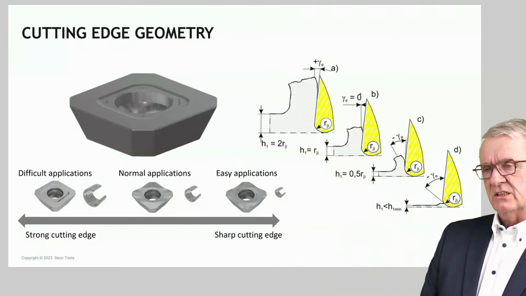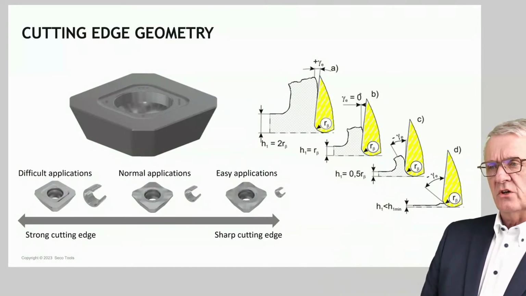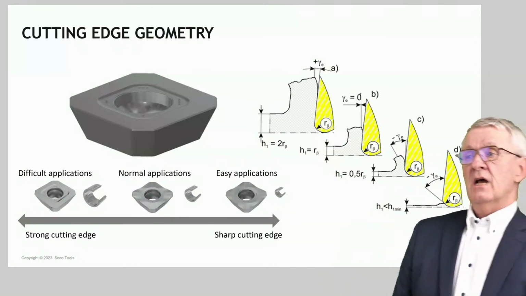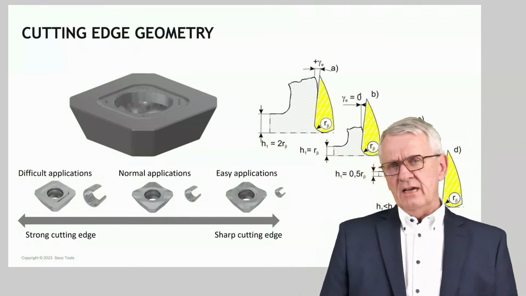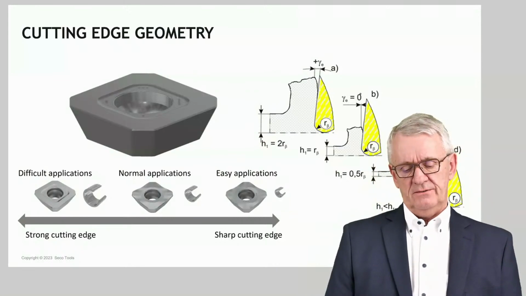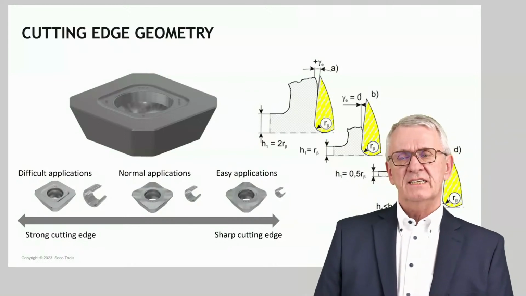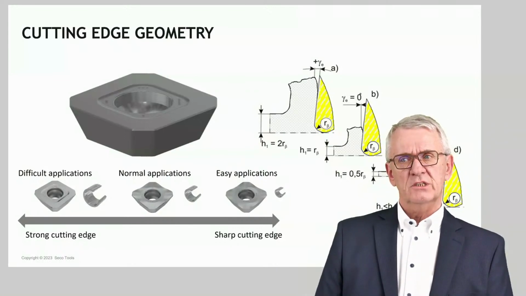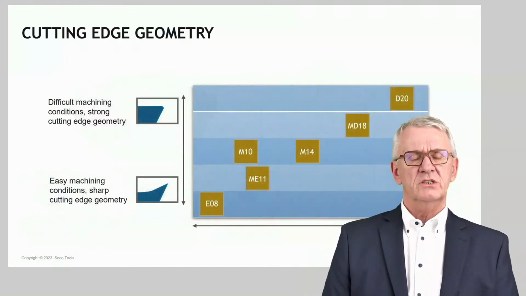A certain cutting edge determines a certain thickness of workpiece material that needs to be cut for the cutting edge to behave normally. That means that a certain type of cutting edge geometry demands a certain average chip thickness.